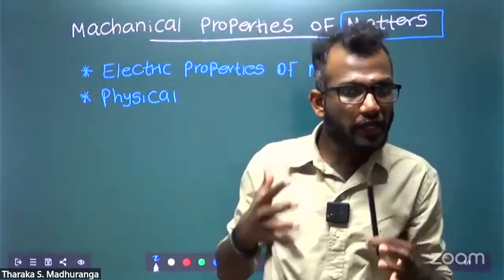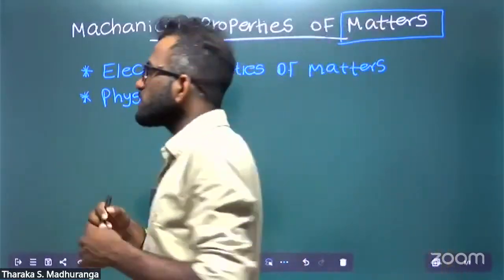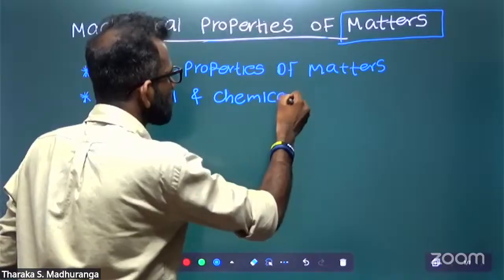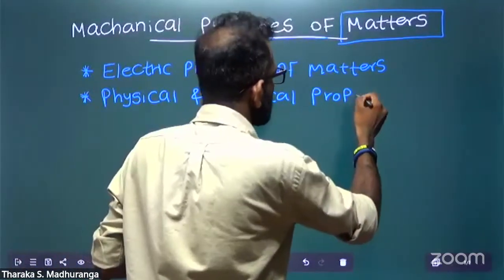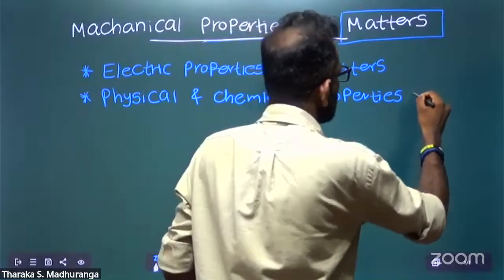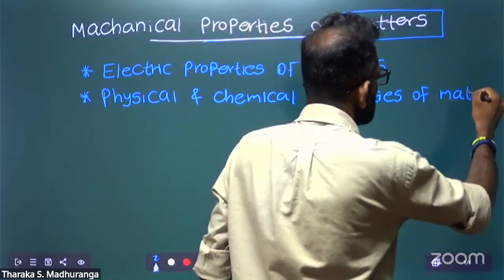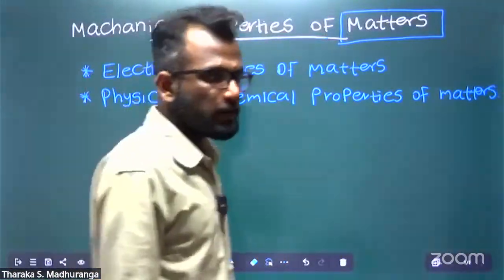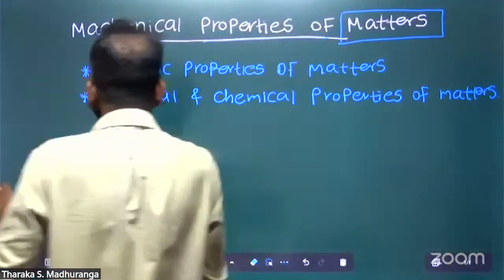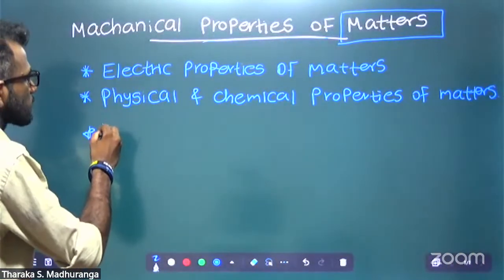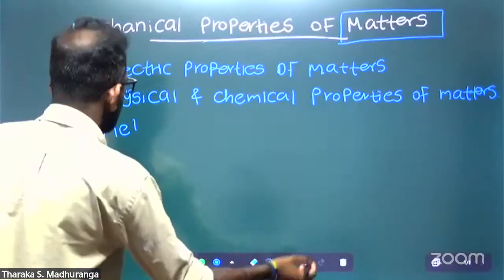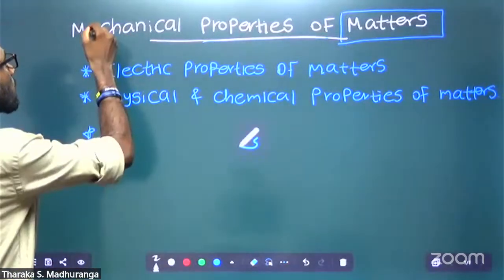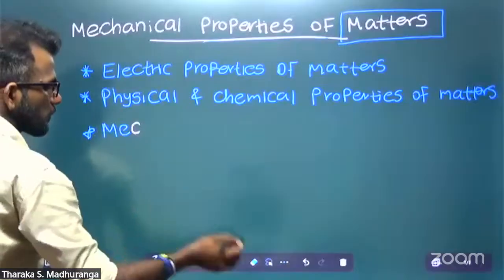The first is electric properties, the second is physical and chemical properties, and the final one is mechanical properties of matters.